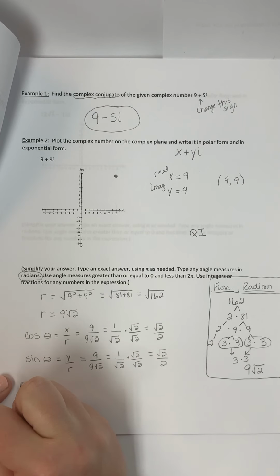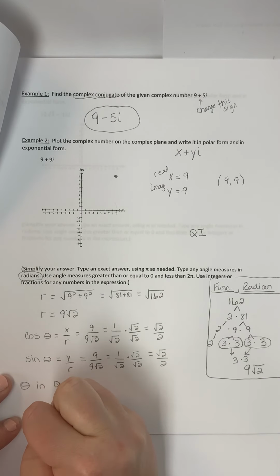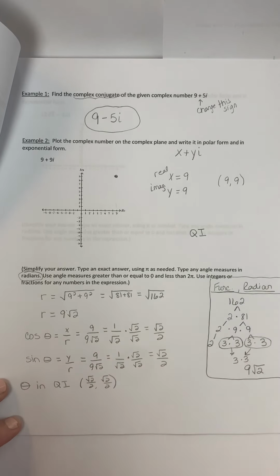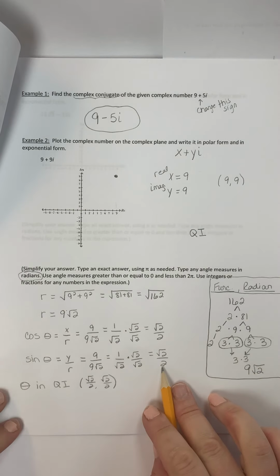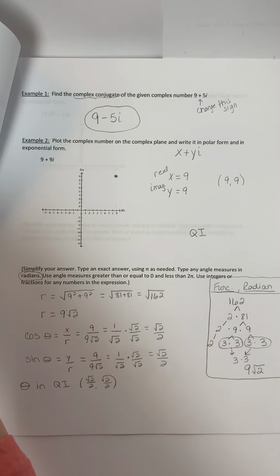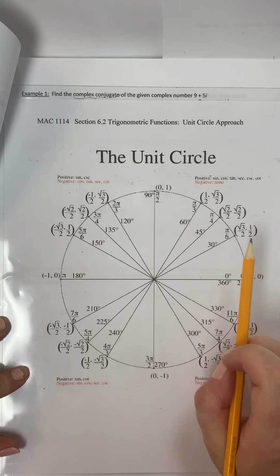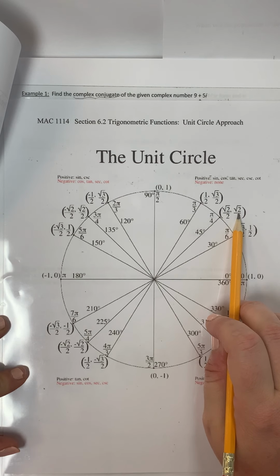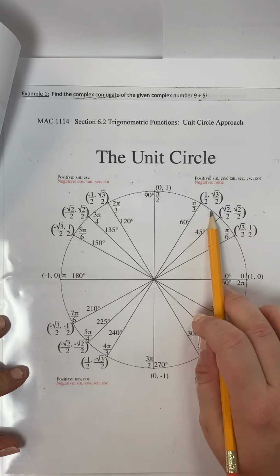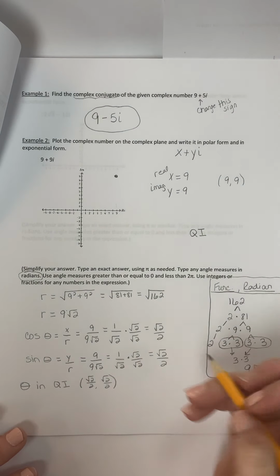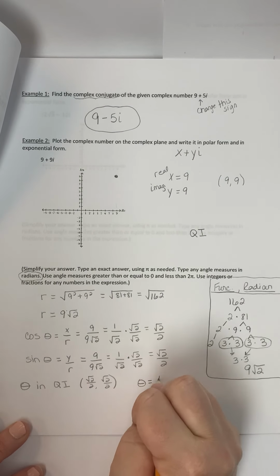So now I'm looking for the theta in quad 1 that matches up with this point, my cosine and my sine. So I would go to my unit circle and look in quadrant 1. Here's that point. Here's cosine. Here's sine. There's my theta, pi over 4. So theta is pi over 4.